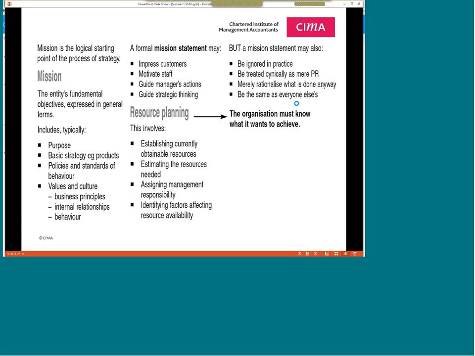Okay, so when we talk about mission, as we already said, the mission statement will be pretty much a starting point of creating strategy. And it will state in broader terms what is the purpose of the organization, why the organization exists. Can you think about what can be a problem many times with the mission statement of particular organizations when it doesn't serve the purpose it should serve?